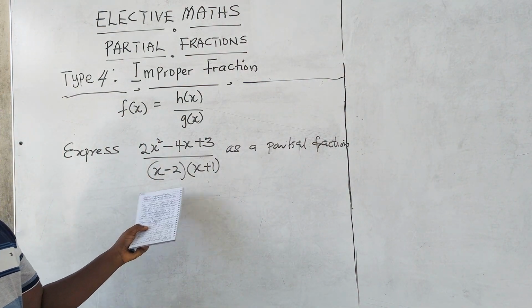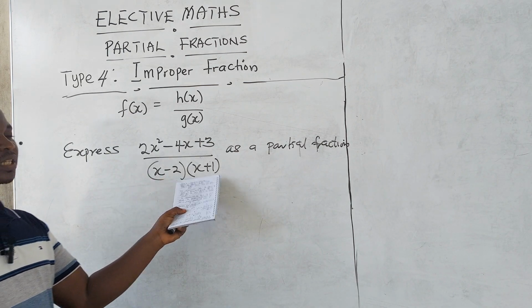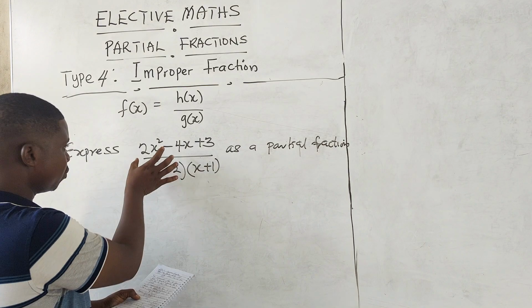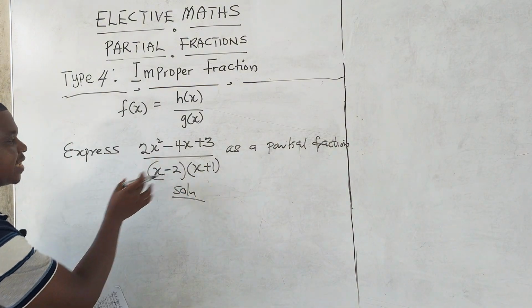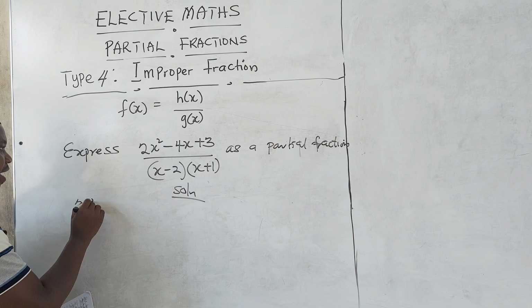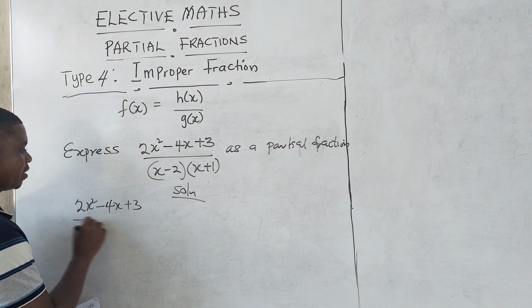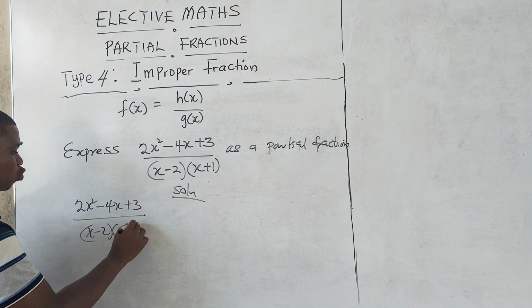So this is our question. The moment you see this, someone guesses it is a type 1 question. Yes, because the denominators are both linear. But when you open that, you realize that we have 2x squared minus 4x plus 3 over x minus 2, x plus 1.